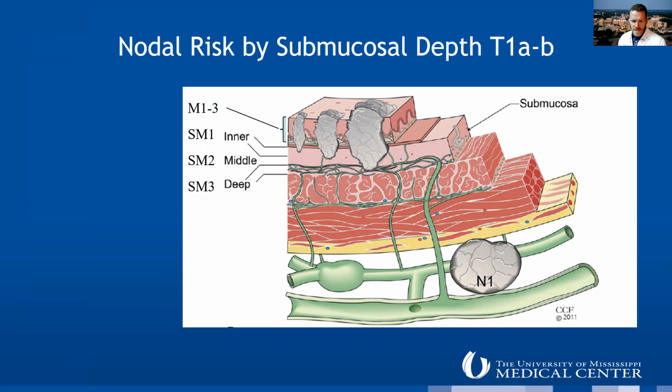Here we see the mucosal layers grouped into the M1 through 3 category. For the purposes of this discussion, splitting those out isn't really necessary. And then in the submucosa, looking at 3 layers of depth of penetration, ostensibly the top third, middle third, bottom third.